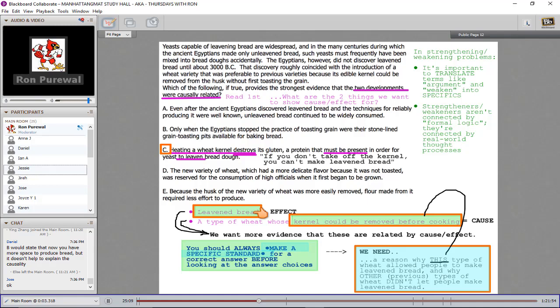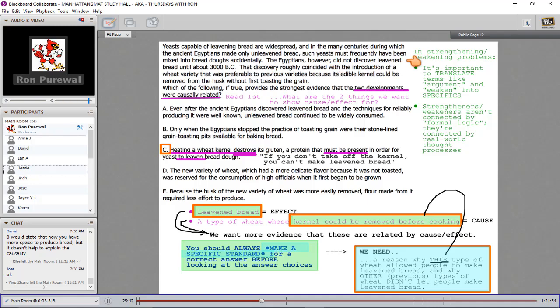You can call them bread A and bread B if you want to, but the fact that there is a kind of bread called leavened bread is obviously important here, because it's different. People made bread before they could make this leavened bread. In the passage, that's clear. They made bread for a long time that was unleavened, whatever leavened means.